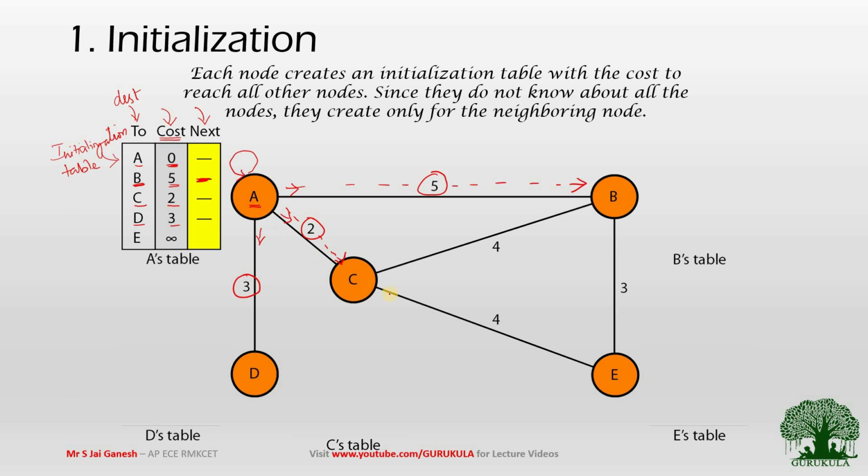A does not know how to reach E because it has not yet calculated the shortest path to the destination E. So as of the initialization stage, the cost to reach E is mentioned as infinite, which means that at this stage A cannot reach E. That is the meaning of this infinity.